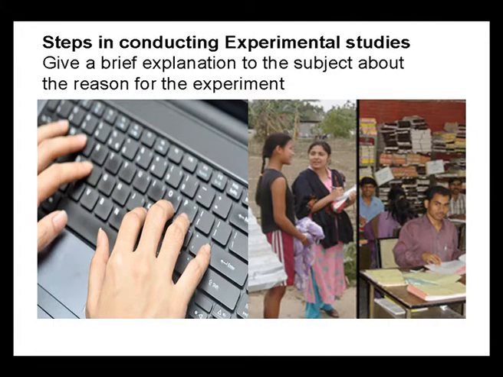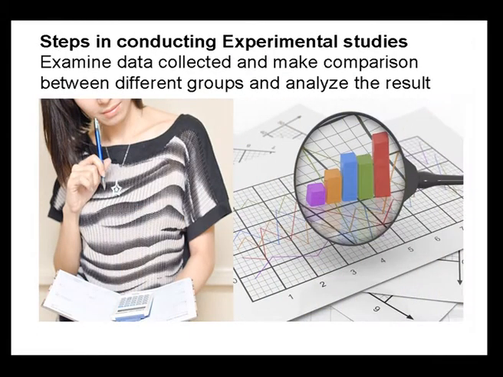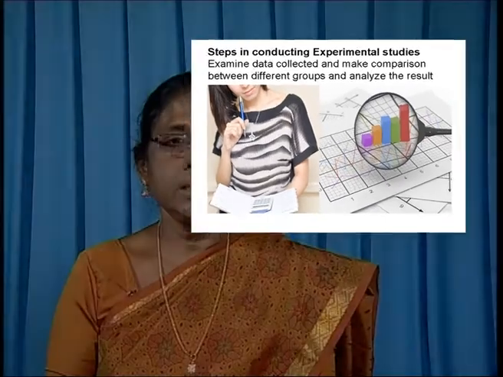But before doing all these things, you have to give a brief explanation to the subjects about the reason for the experiment. Then finally, examine data collected and make comparison between different groups and analyze the results. Statistical tools may be used to prove if the hypothesis is supported or refuted.